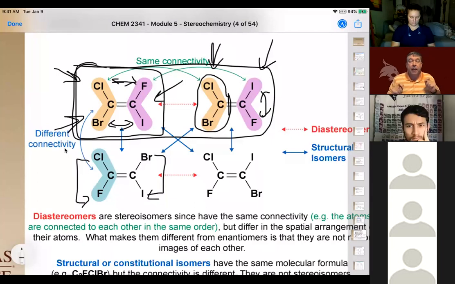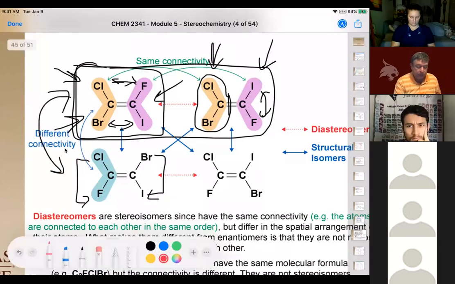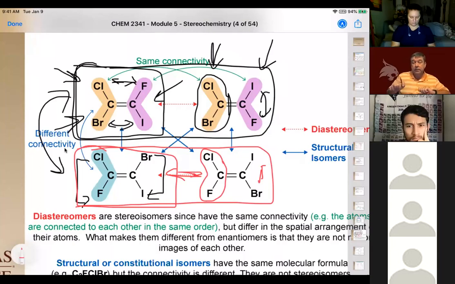Now, that doesn't mean that this compound here can't also have a diastereomer. In fact, if we kept these two exactly in the same location and just swapped these two, these now become diastereomers of each other right here. And again, because this is on an alkene, they have different physical properties, different boiling point and melting point.